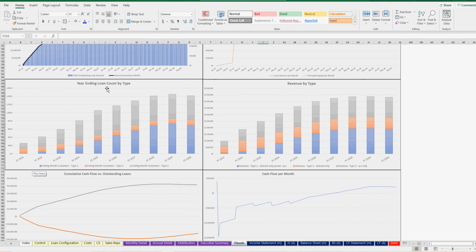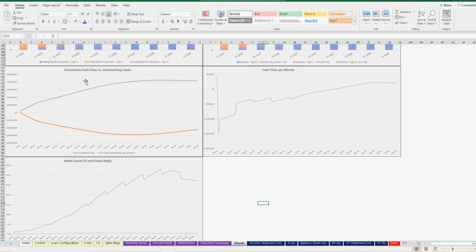You've also got year ending loan count by type, revenue from those loans by type, and cumulative cash flows versus outstanding loans. So this is what your receivables of loans owed to you are versus how much cash you have spent so far. And then essentially at the exit, you would get whatever this value is or based on the multiple. So I thought that was a cool chart.